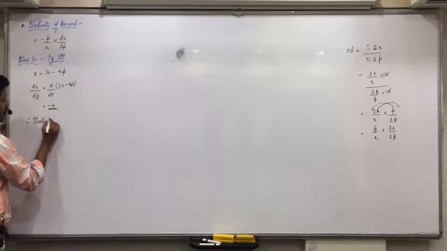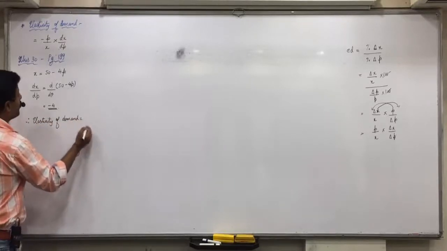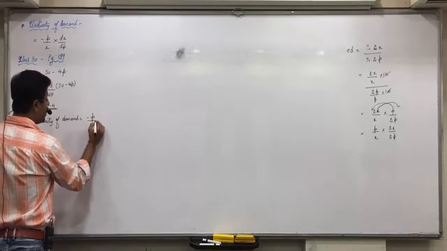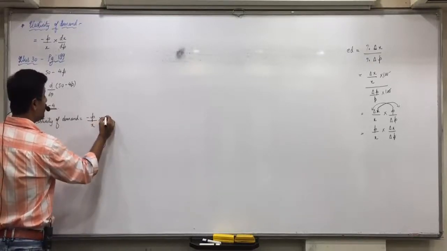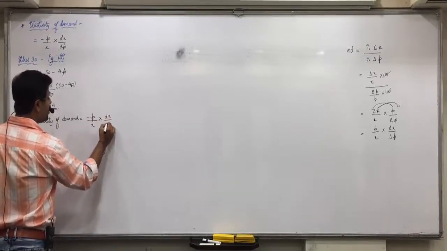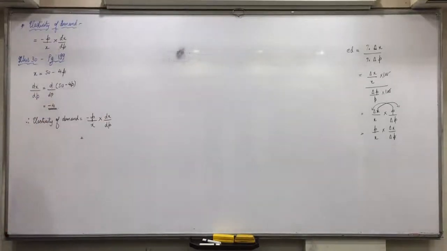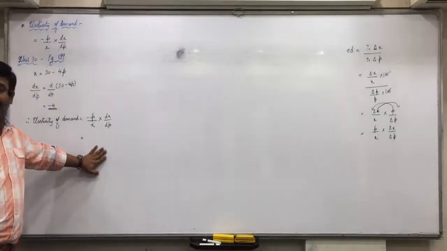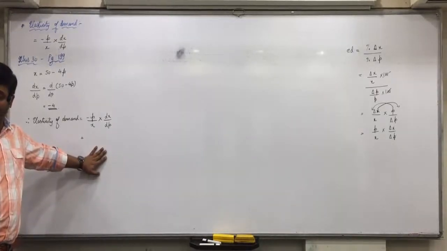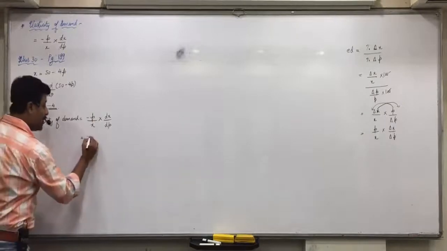Therefore, elasticity of demand is equal to minus p upon x into dx upon dp. Keep in mind, because finally p is given on the right side, everything should be expressed in terms of p. So minus p, keep it as it is.